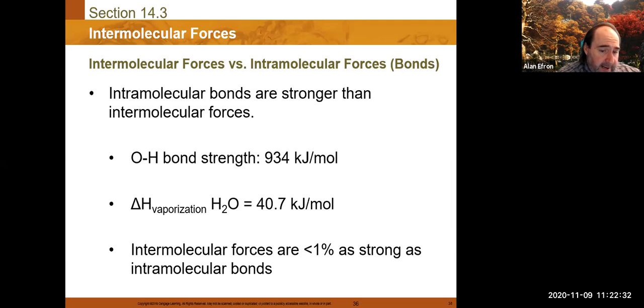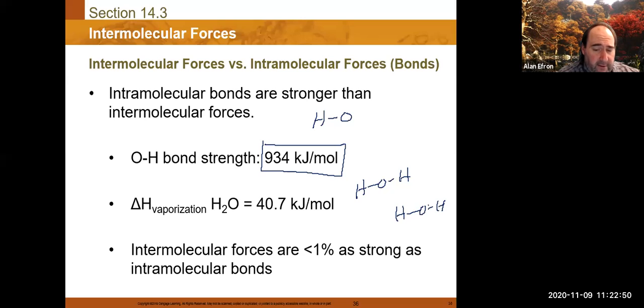So this is a comparison using something like water. Water has 2 hydrogen-oxygen bonds. To break one of those hydrogen-oxygen bonds takes 934 kilojoules per mole, while the energy required to break apart one water molecule from another is 40.7 kilojoules per mole.